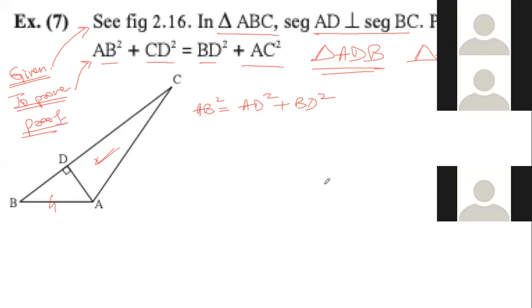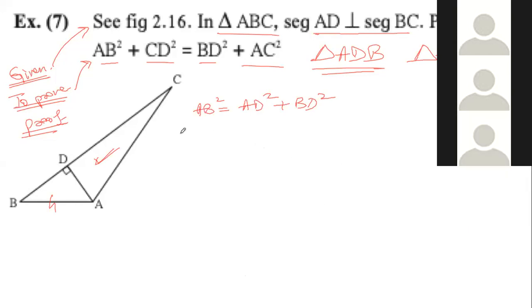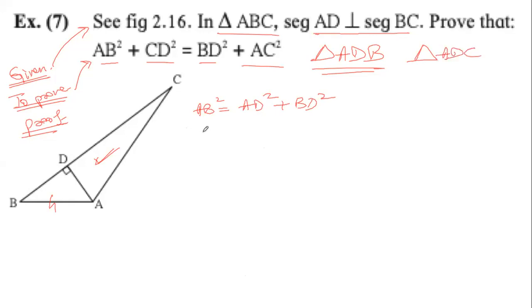Yes, Chanda, please speak. AC square. Correct. AC square equals AD square plus CD square. Pythagoras theorem doesn't have a minus, no? Yes, Khadija, your answer in the chat box is correct.